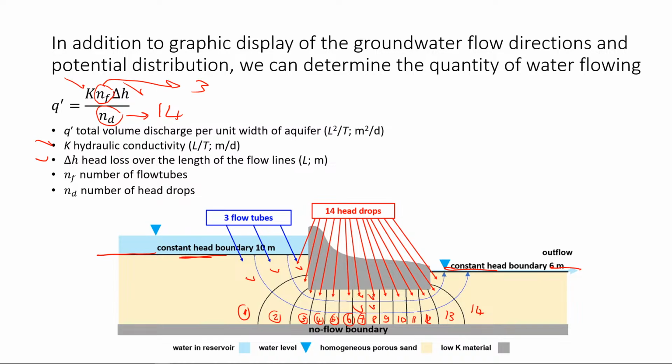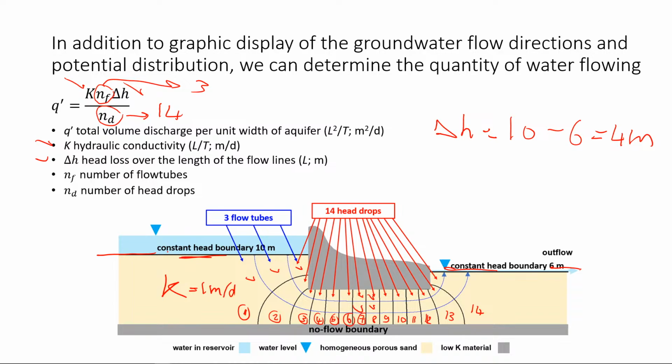K is given, and delta H in that case would be 10 minus, and that gives you 4 meters. So you substitute here 3, here 14, here 4 meters, and here K, whatever K is given, for example 1 meter per day.